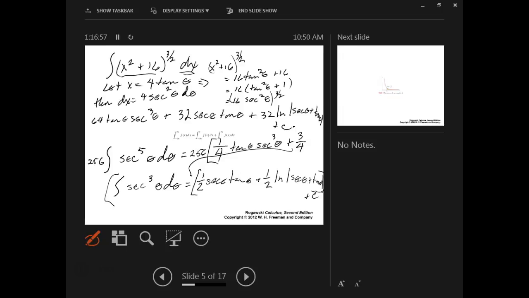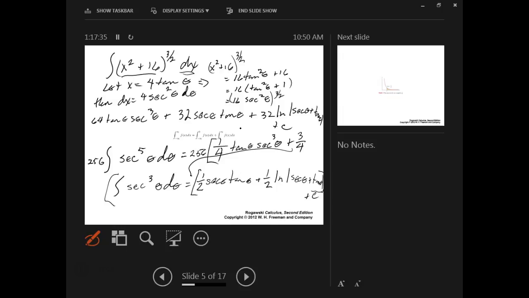That's what I think the answer is. Let's go back and see what they've got here. We need to get it in terms of x's. Instead of 32, they have 96.